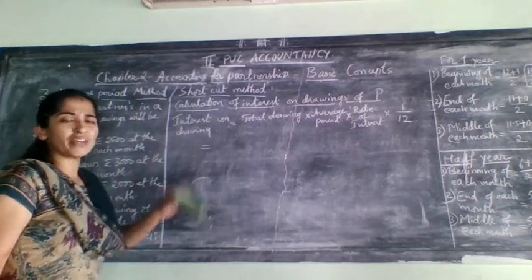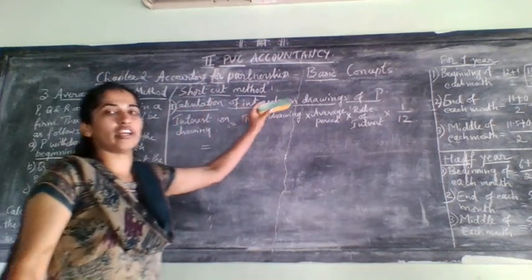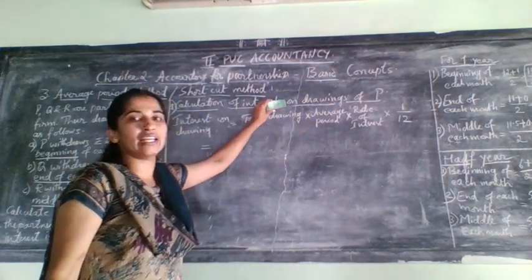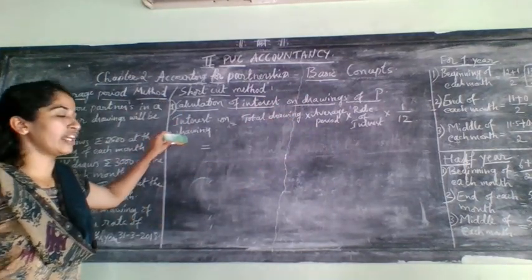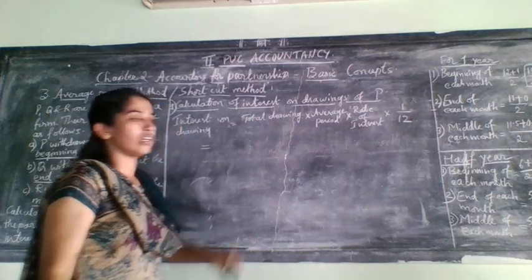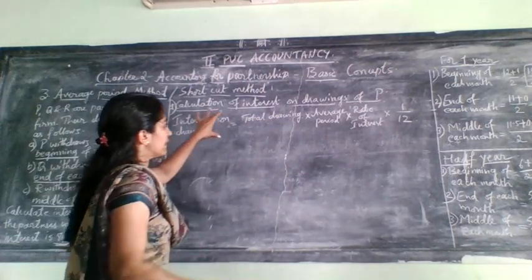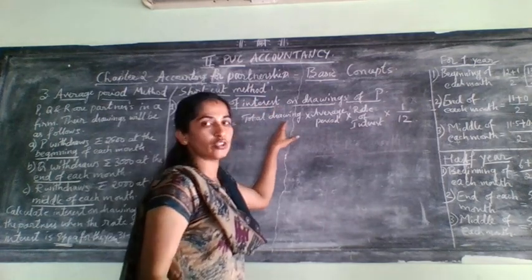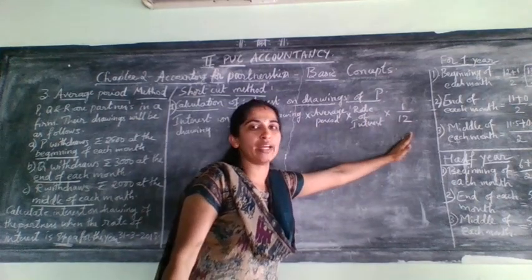So first we will find out the calculation of interest on drawing of P. First write the heading, calculation of interest on drawing of P. Now interest on drawing is equal to total drawing into average period into rate of interest into 1/12.